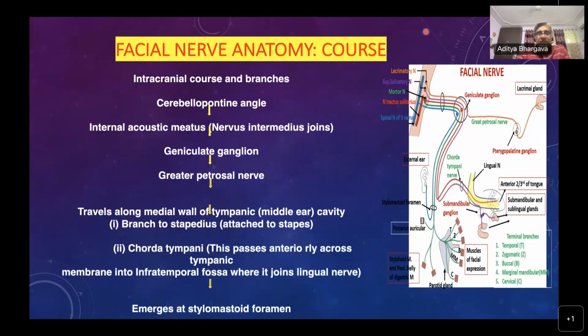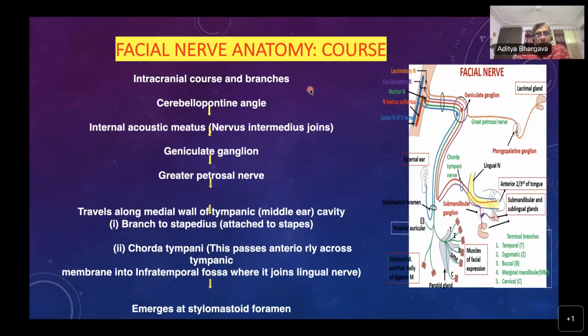Again, this is the facial nerve anatomy and its course. You can see that it has got an intracranial course and there are branches. At the cerebellopontine angle, it comes out, goes into the internal acoustic meatus, where the sensory root, also known as nervus intermedius, joins. Then it goes to the geniculate ganglion, some fibers synapse there and carry on.